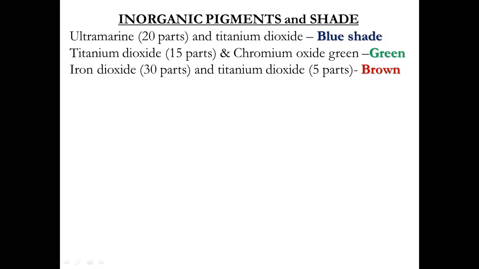Some examples: ultramarine and titanium dioxide in combination give the blue shade. Titanium dioxide with chromium oxide gives green. Iron oxide and titanium dioxide give the brown shade to the eyeshadow preparation.